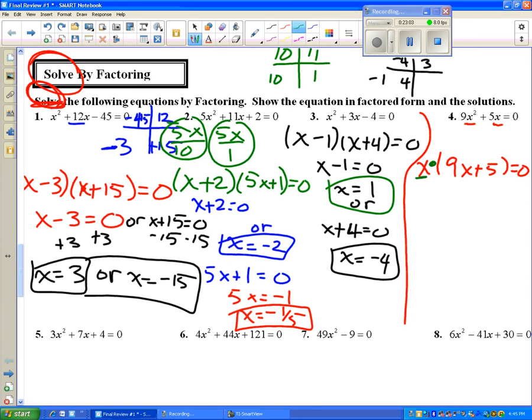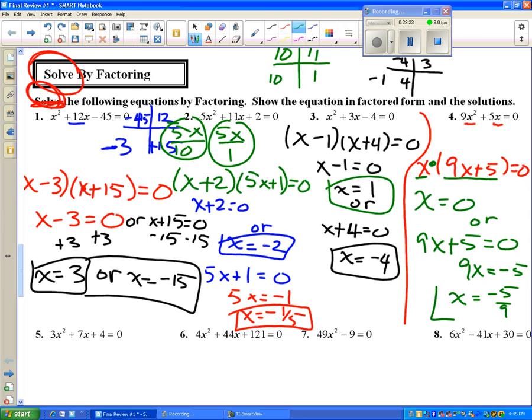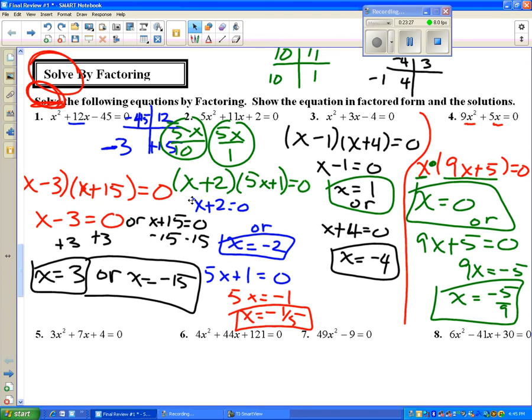There's no x squared anywhere, so I can solve this. I can say x is equal to 0, or 9x plus 5 is equal to 0. Subtract 5. 9x is equal to negative 5. Divide by 9. x is equal to negative 5/9. There's one answer. There's the other. Let's keep on going.